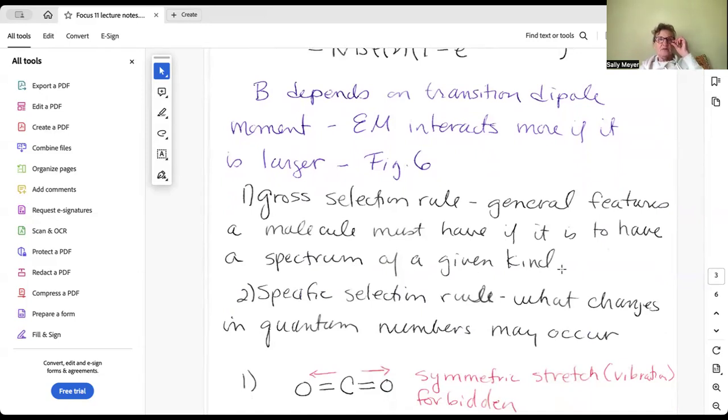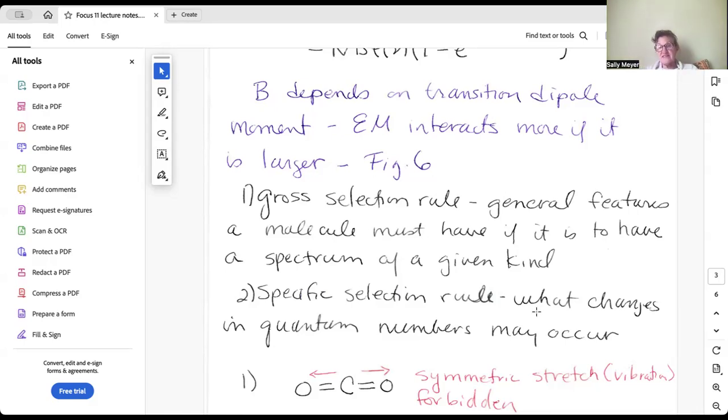So, for example, you won't have a vibrational spectrum for a molecule if when it vibrates, its dipole moment doesn't change, because as it vibrates, that's where you're going to be putting the energy, and the electromagnetic radiation won't interact with it unless, as it makes it vibrate with more energy, it also changes its dipole moment. So we'll look here in a second at an example of that.